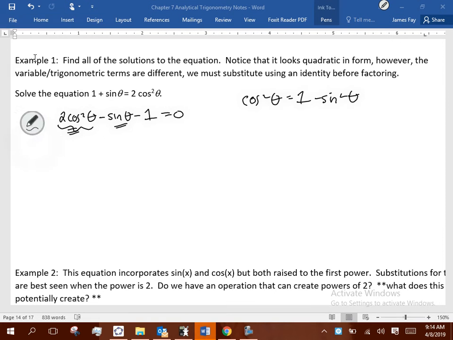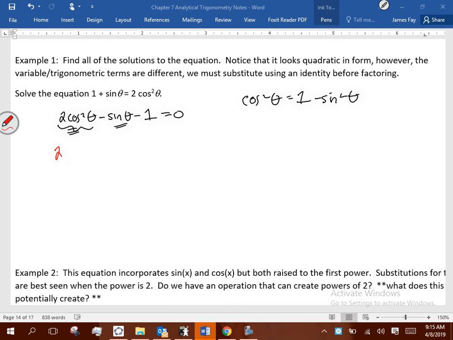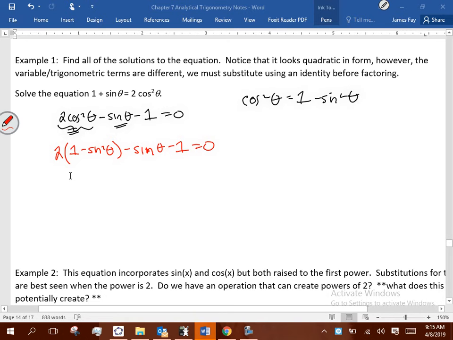Now if I make that substitution, this becomes 2 times 1 minus sine squared theta, then minus sine theta minus 1 equals 0. So now 2 minus 2 sine squared theta minus sine theta minus 1 equals 0.